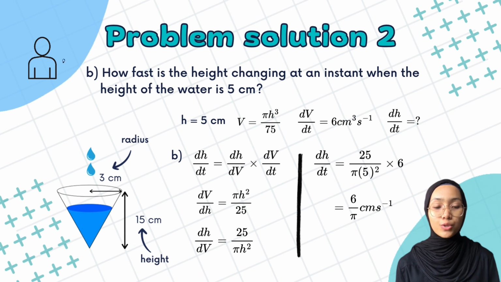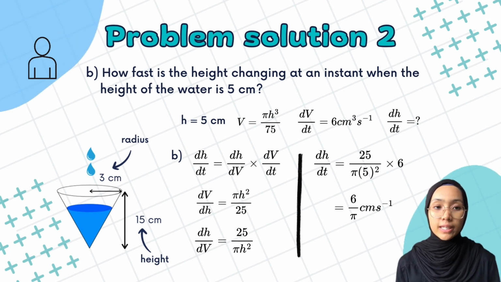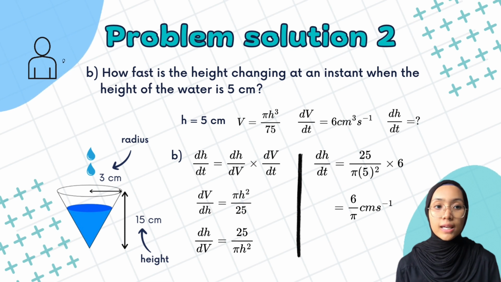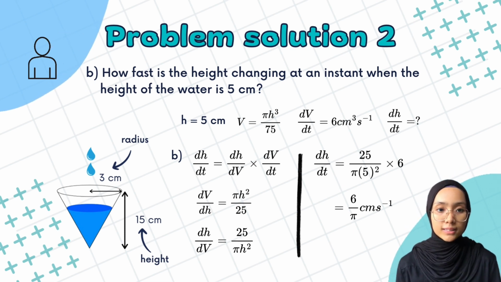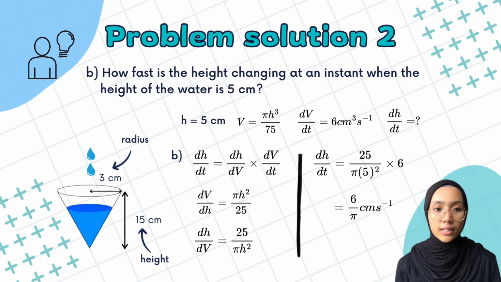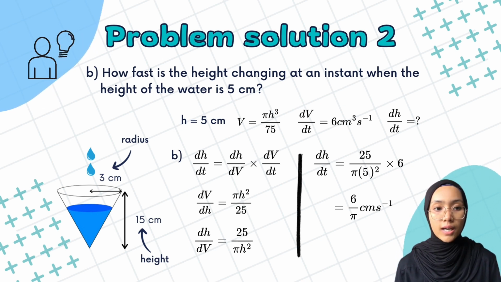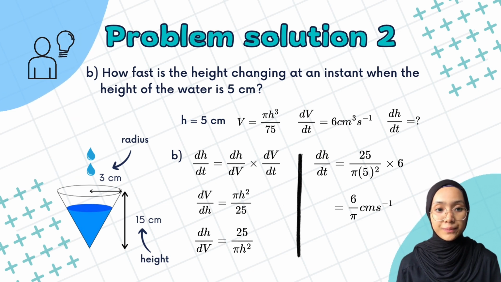Next is problem solution 2. The next question is, how fast is the height changing at an instant when the height of the water is 5 cm? Given that h is equal to 5 cm, V is equal to pi h cubed over 75, and dV over dt is equal to 6 cm cubed per second. We need to find dh over dt, which will be dh over dV times dV over dt.